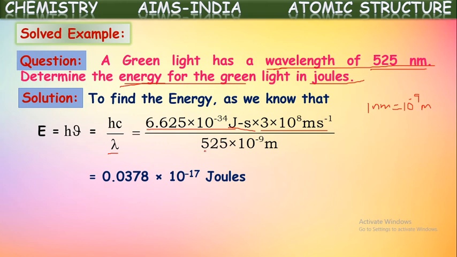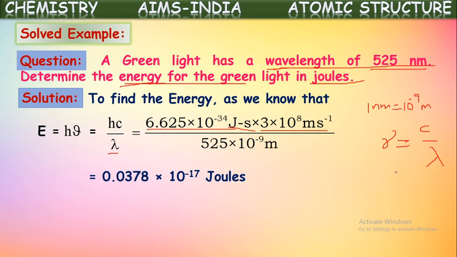In this way, we can find the energy, and not only energy. Based upon these relations, they may give certain quantities and ask us to calculate the remaining. Here they have given the wavelength and asked us to calculate energy. From the same, they may ask us to calculate frequency also. Then we have one more formula, nu is equal to c by lambda. We know the wavelength, so we can calculate frequency.